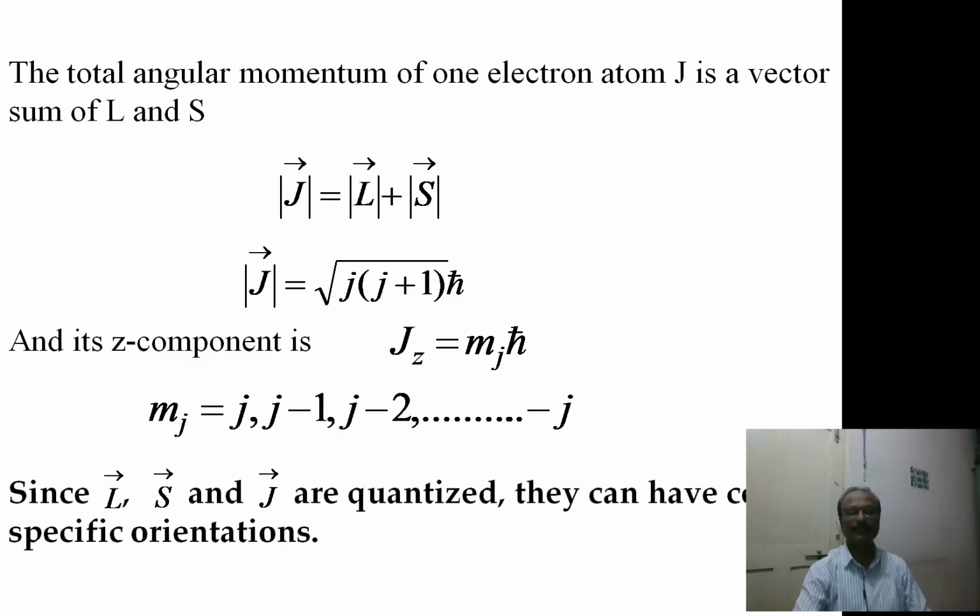Since vector L, vector S and vector J are quantized, they can have certain specific values. So, this is about the quantum numbers relating to the vector atom model. Thank you.